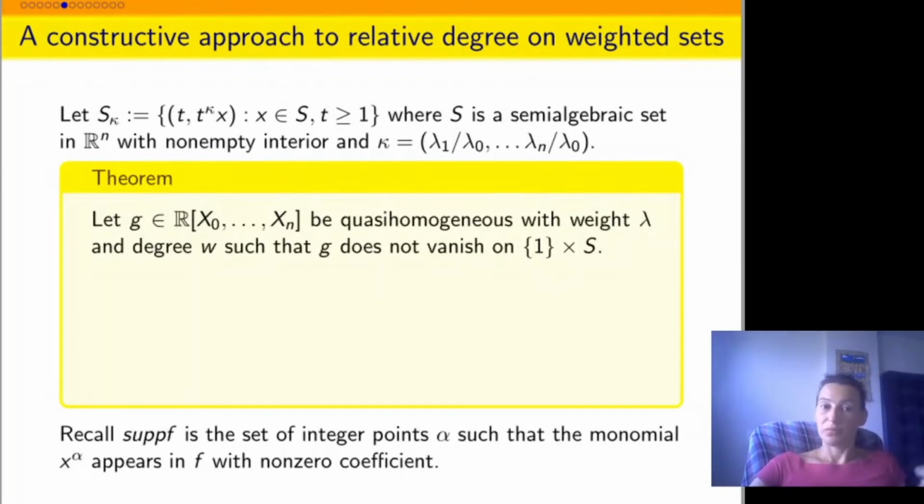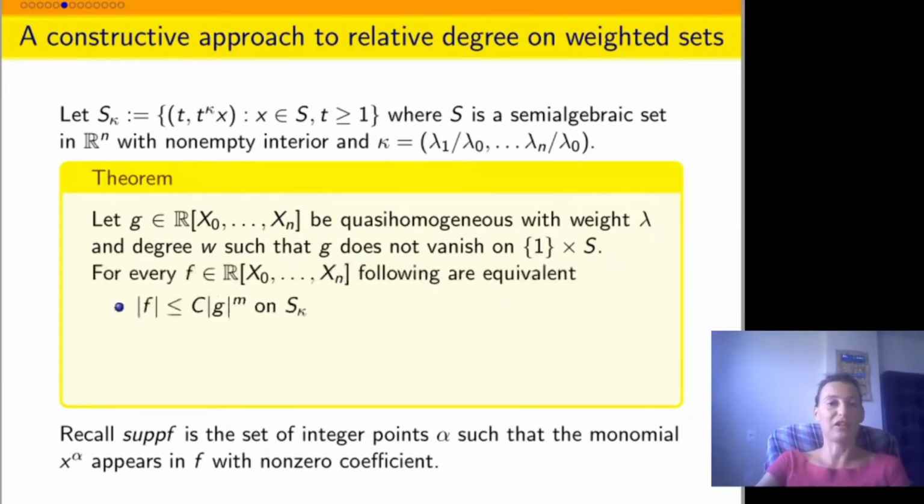We have a theorem. So let us have a quasi-homogeneous polynomial with weight lambda. The degree of this polynomial is w, such that g does not vanish on the set 1 times S, so on the lower dimensional set.